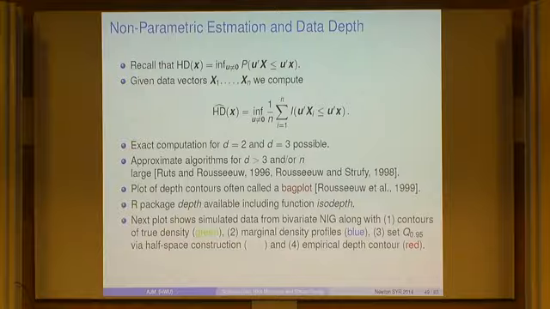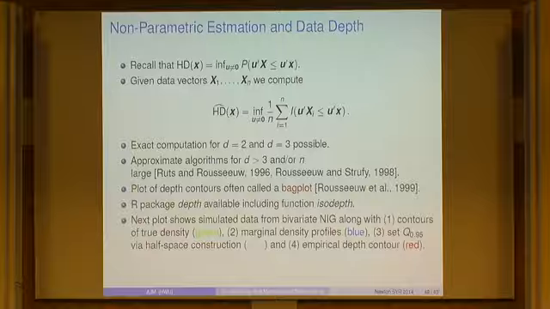And that's basically the formula here, the idea of data depth. What I have defined so far is half-space depth at a point x with respect to the distribution of a random vector X. It is the smallest probability of a half-space that goes through that point.